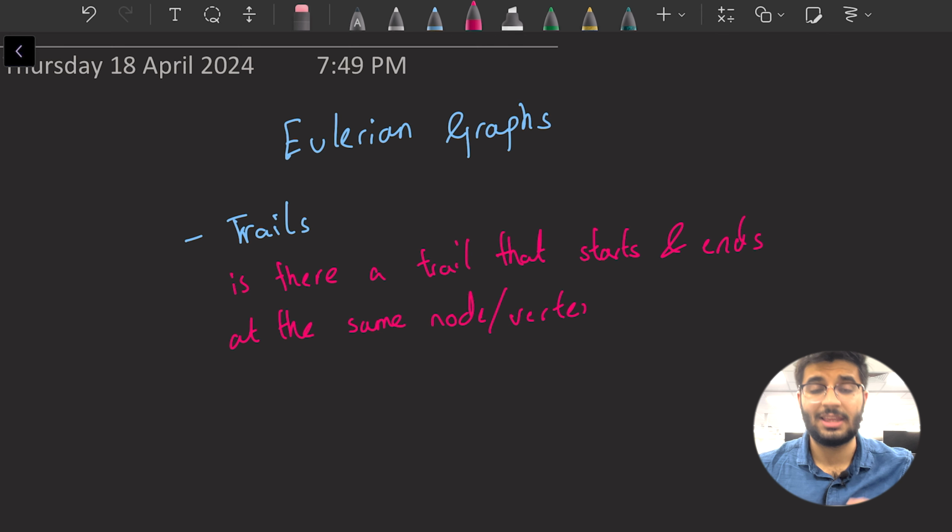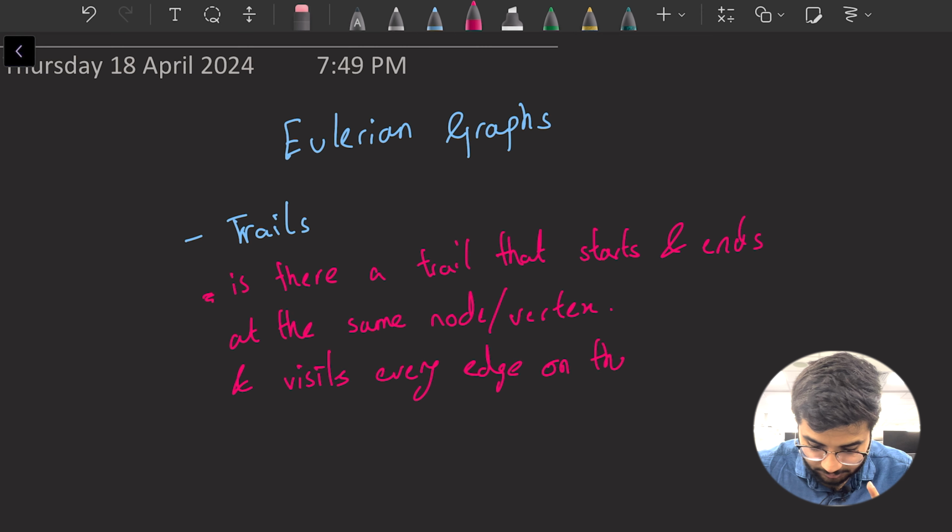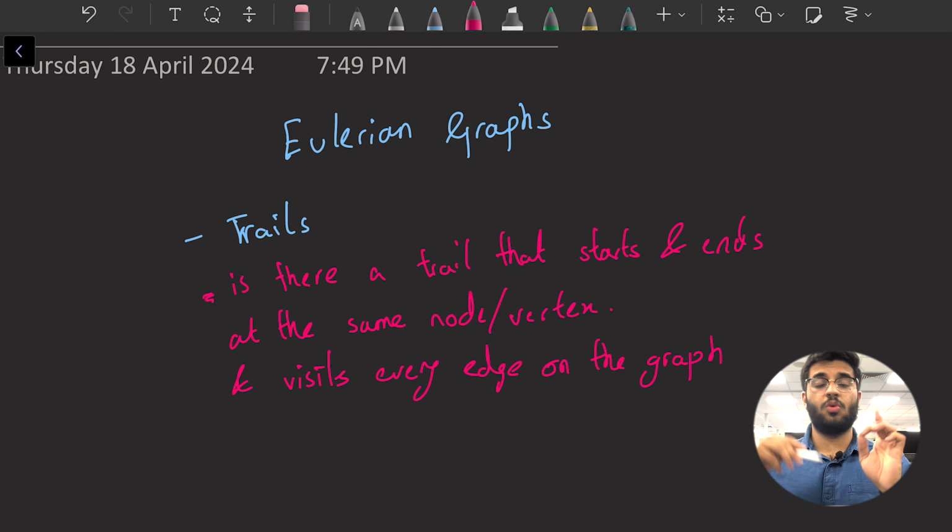You might be thinking, that's just a cycle, right? But there's another clause, and visits every edge on the graph. That's a key distinction: it needs to start and finish at the same node and needs to go over every edge on the graph.